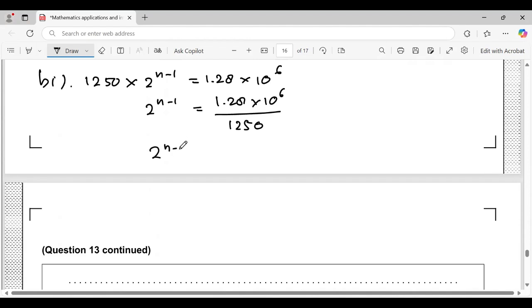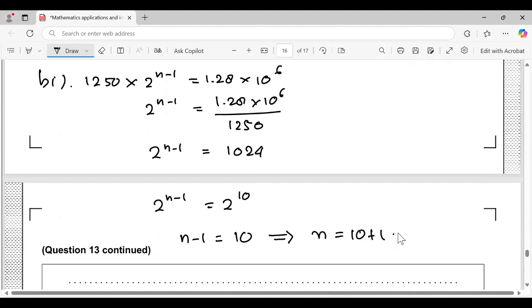And the result is 1,024. 1,024 is 2 to the power 10. So n minus 1 equals 10, or we can find n equals 10 plus 1, which is 11. And next question.